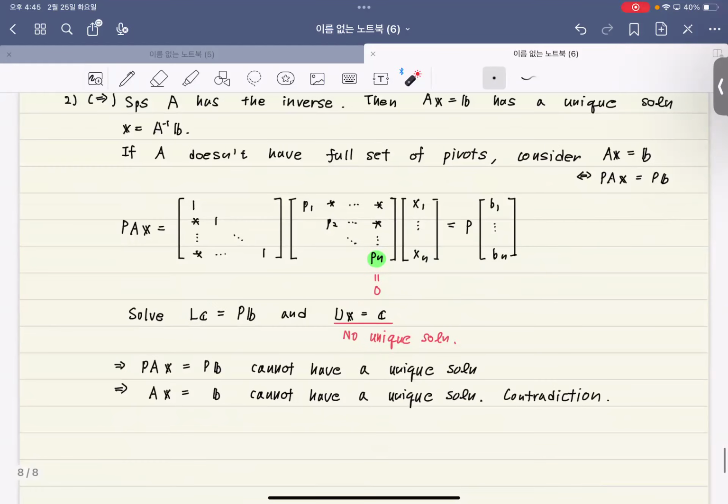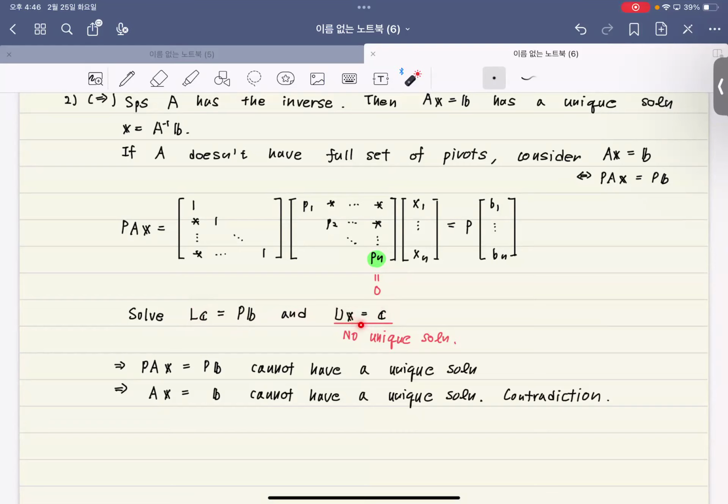In this case, I am always good: solving this equation for c is doable, because the diagonals of L are all ones, so c is uniquely determined. However, once you have your c, solving this equation for x is impossible.